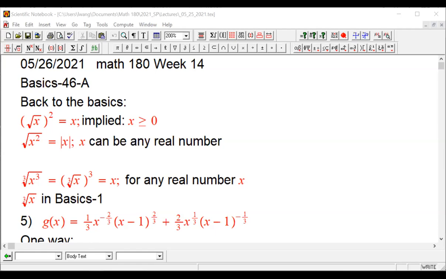I plan to run up to 10 o'clock. I appreciate it if you stay, if you want more practice. You start to like this stuff, and there you go. I have 46C, so you have A, B, and C to practice.